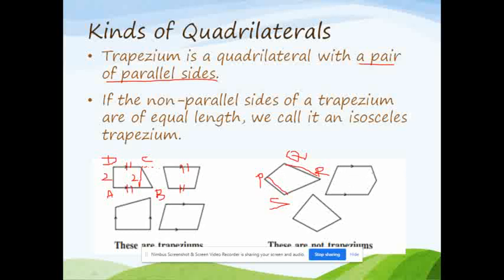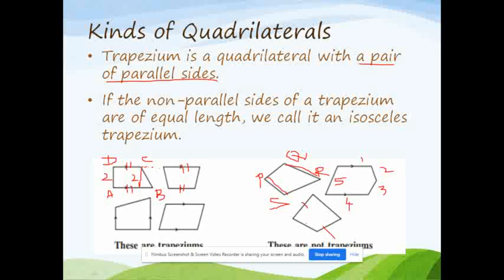Look at this side also. It is not a parallelogram, and it is not a quadrilateral because it consists of 1, 2, 3, 4, 5 sides. Already we know the definition of a quadrilateral: a figure which consists of four line segments connected together. So we are not considering it a quadrilateral. Look at this shape. This is also not a parallelogram because the opposite sides are different in their distances.